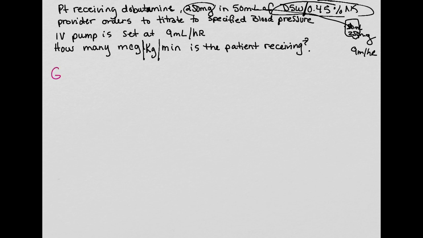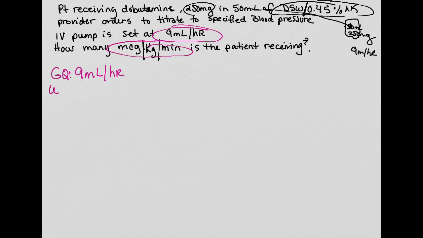So our given quantity, remember, or what the doctor ordered, was 9 mLs per hour. And remember, I like to circle or highlight things. And what's the wanted quantity? We want to find out. So the provider's saying, well, I want to know how many micrograms per kilogram per minute there are.